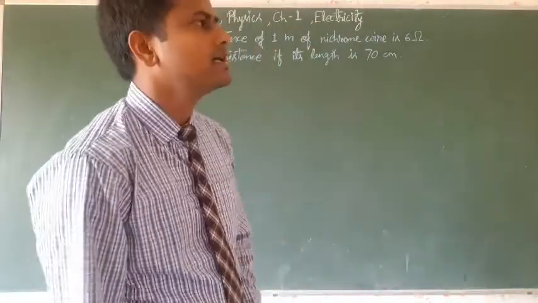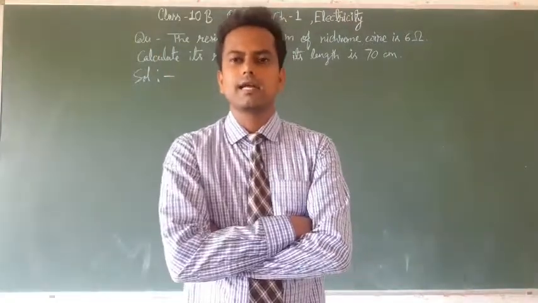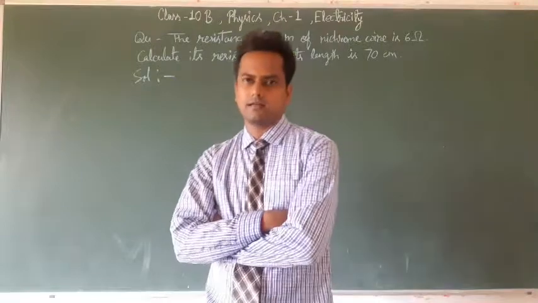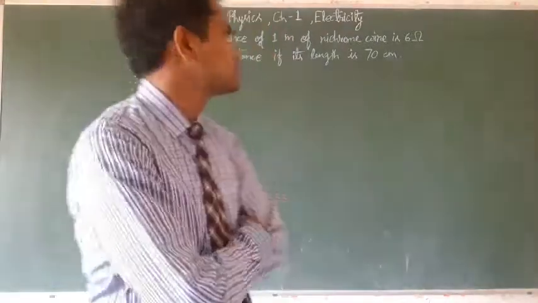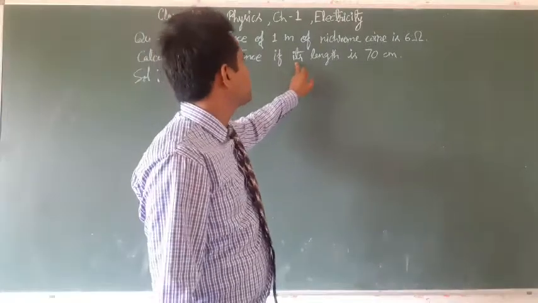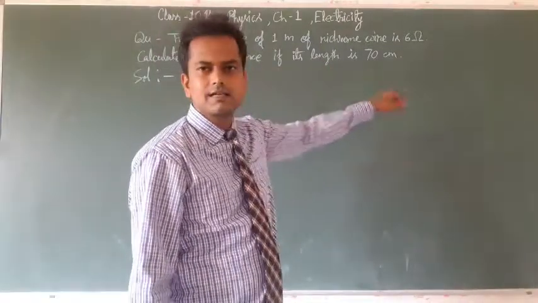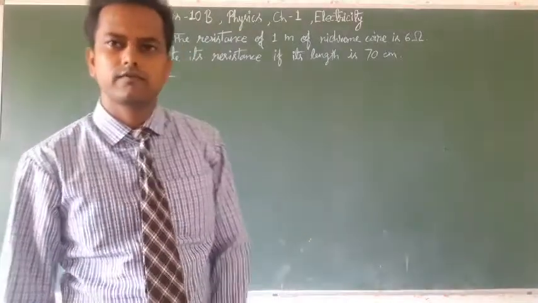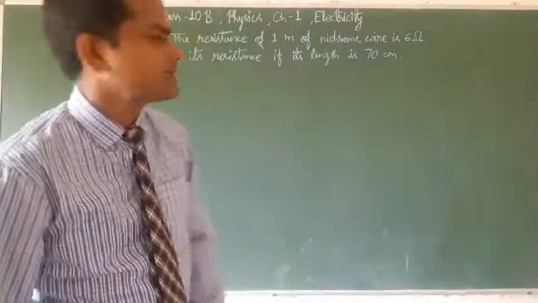Got it? It means resistance is directly proportional to the length of the wire. So in this question, if its length is 70 centimeter, then you have to find out the resistance of that given wire. Got it?